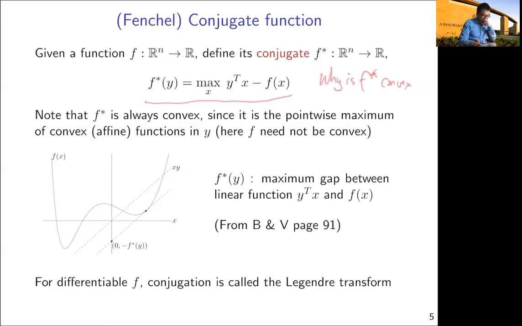In the case when y equals 0, then f star of 0 is simply max over x of minus f of x.